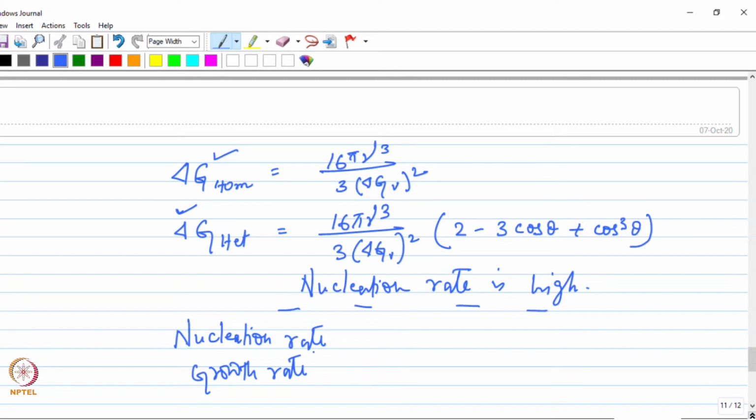So which one will prevail would decide the grain size. If the nucleation rate prevails over the growth rate, then it will be a finer grain size, and if the growth rate prevails, then it will be coarse.